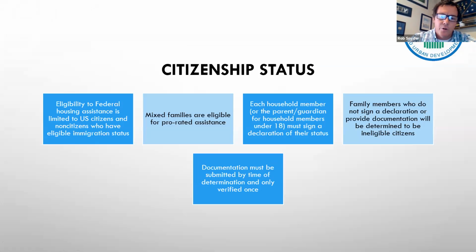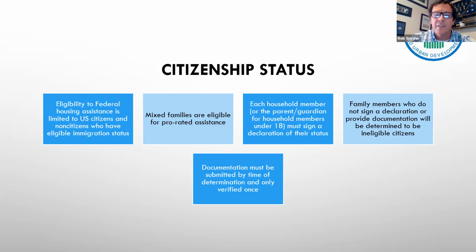Citizenship status is the fourth criteria that housing authorities need to take a look at when determining eligibility for assistance. It's limited to U.S. citizens and non-citizens that have an eligible immigration status. One of the misnomers that was brought to my attention early on in HUD, or maybe misnomer is not a good word, but worry of some families that are mixed families.